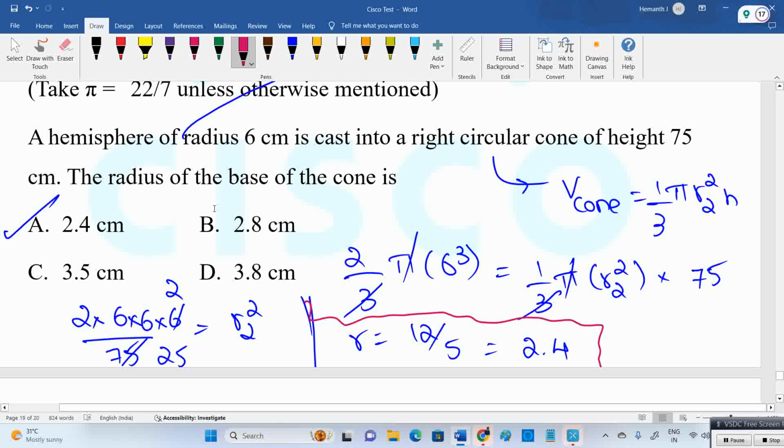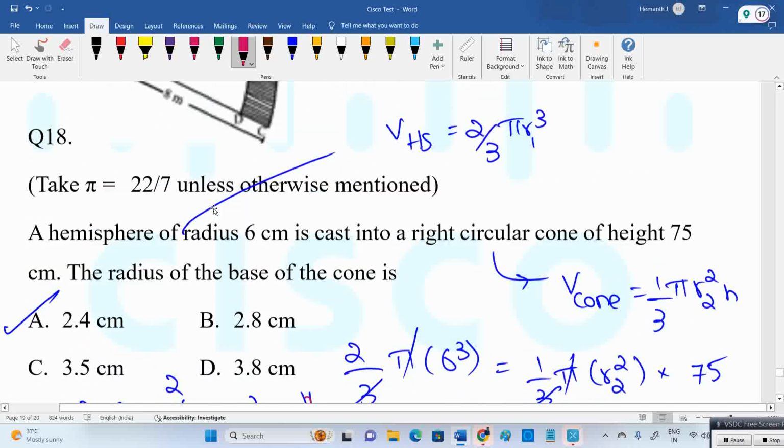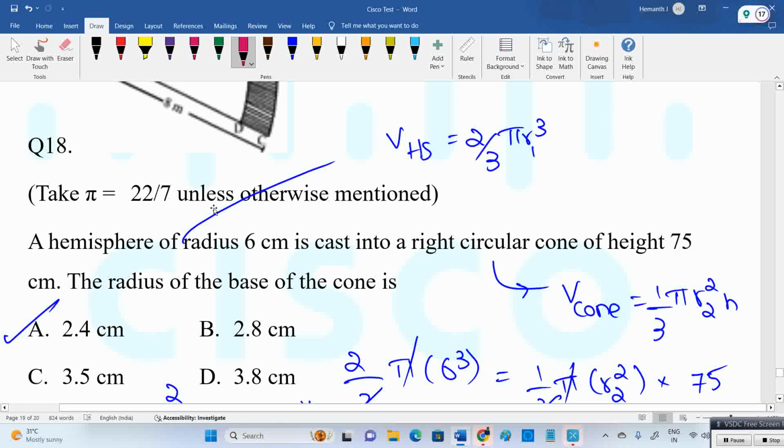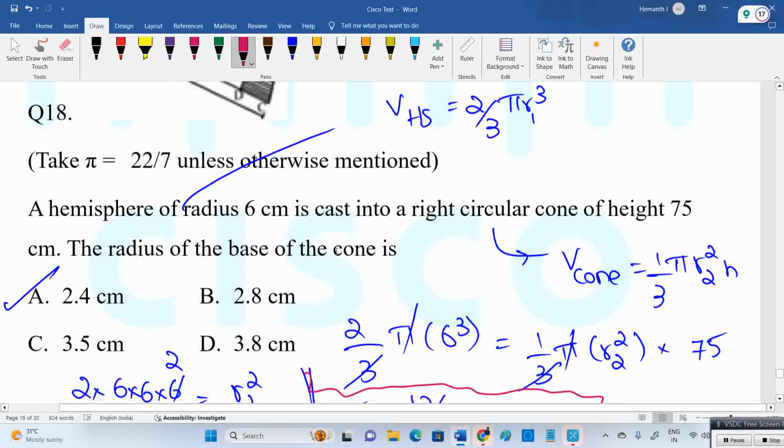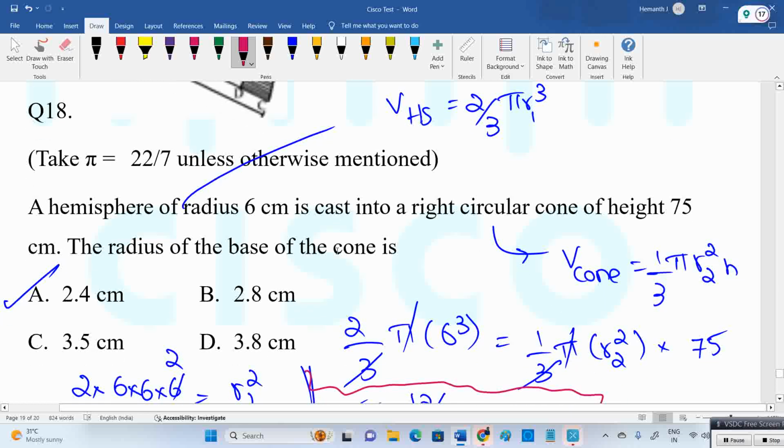Sphere, hemisphere, circle, semicircle like that. Sphere and hemisphere are there. It's like the hemisphere shape is melted and they formed a new shape, a right circular cone, with the same metal. You can consider it like that.